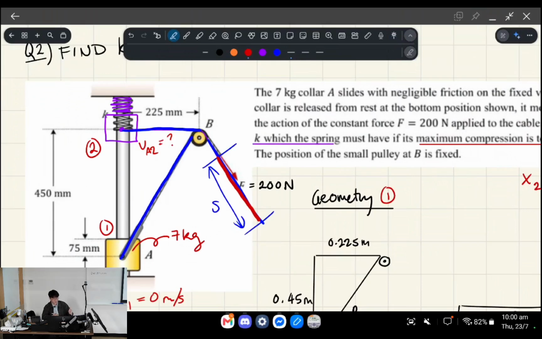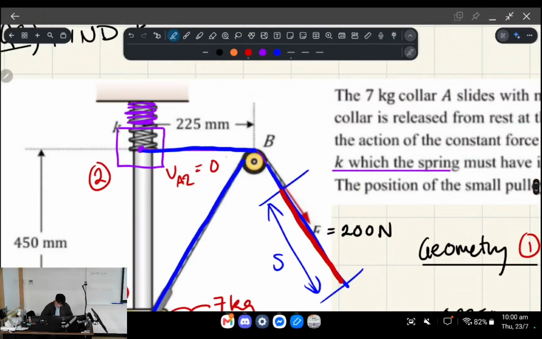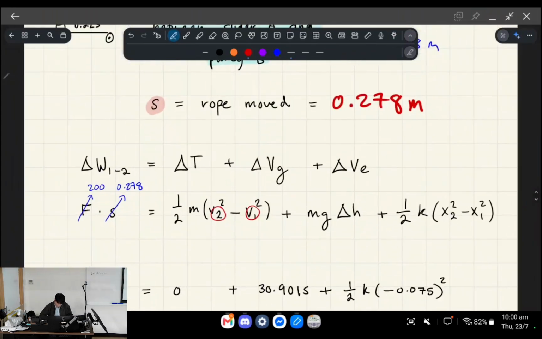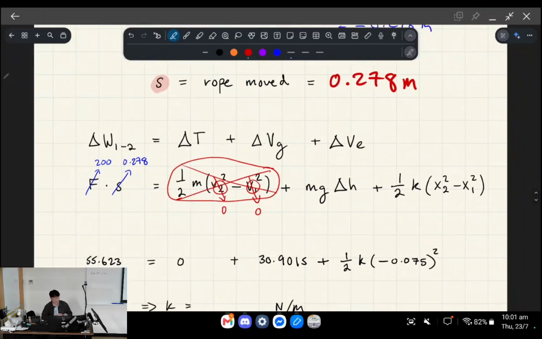So in state 2, we're analyzing a point in time when the collar has stopped moving, right? So both of these are just saying that the collar's staying still. Both of these are equal to 0, and therefore the whole term is nothing. So we don't have to think about kinetic energy because the kinetic energy in the first state and the second state are both 0.